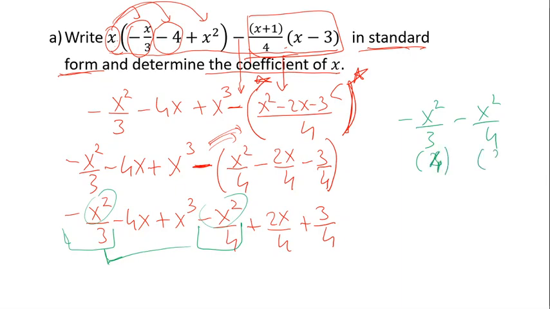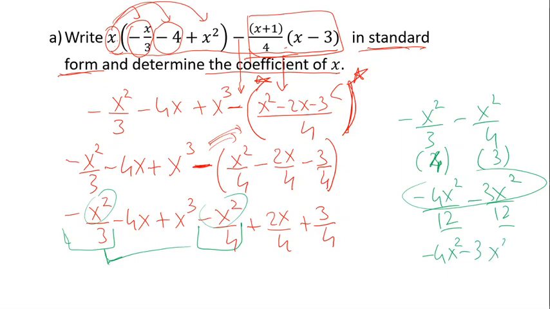I multiplied 4 and 3, and then I got negative 4x squared over 12 minus 3x squared over 12, and then I combine them because we have the same denominators. So it will give us negative 7x squared over 12.